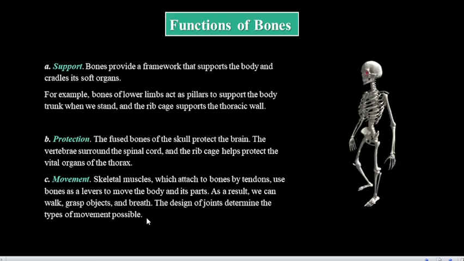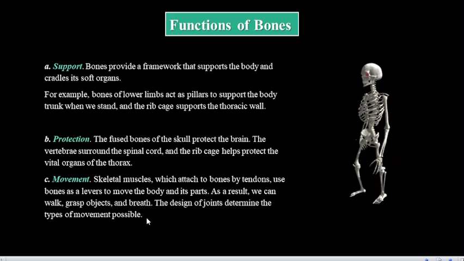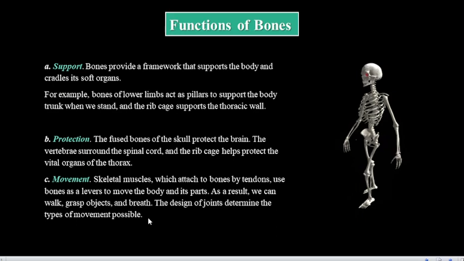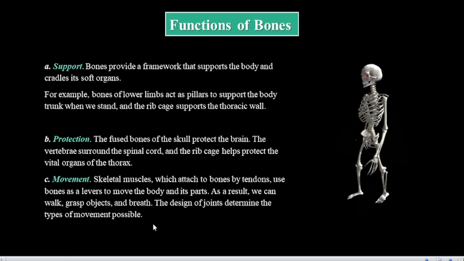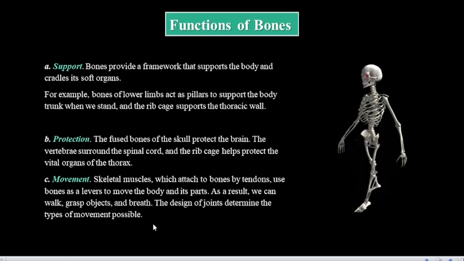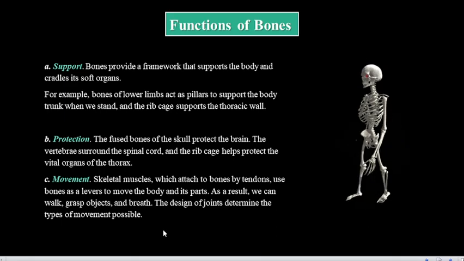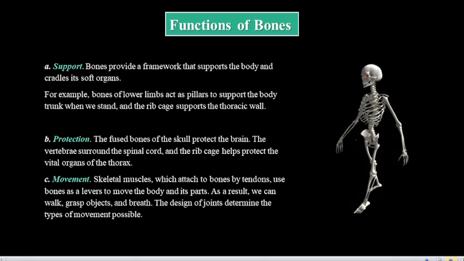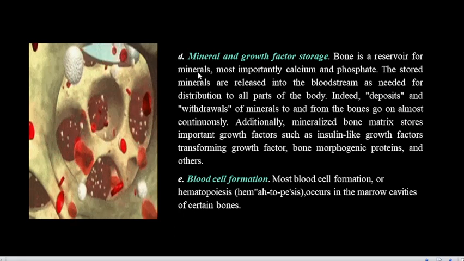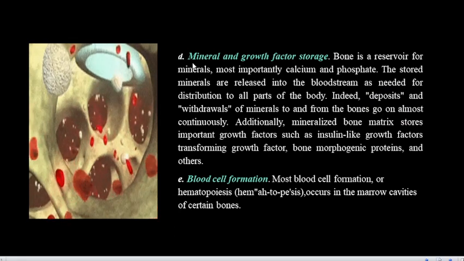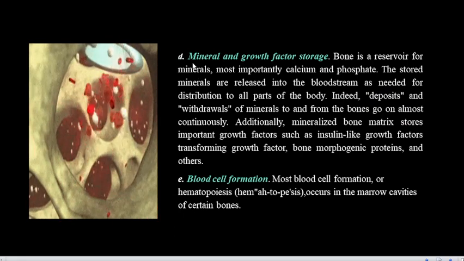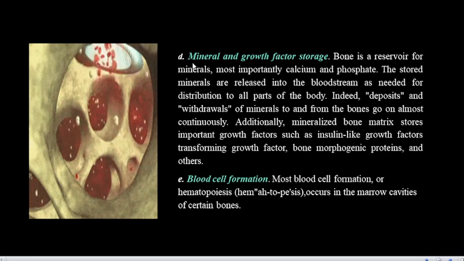It all depends on the different types of joints and cartilages that are found in the body. So, tatlo yan sila. You have the muscle, you have the bones, and you have the joints in producing a movement. Okay. Next, your bone also serves as a storage for minerals and growth factors.